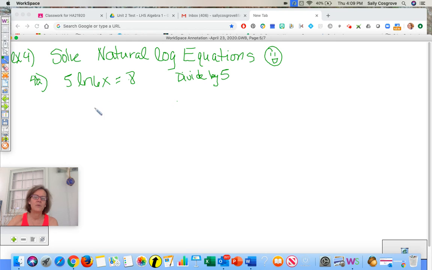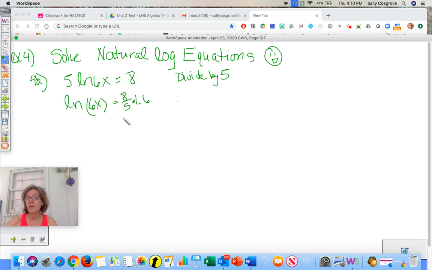And we'll divide both sides by 5, and then we'll have the natural log of 6x equals 8/5, which is the same as 1 3/5 or 1.6. All right, so now we have isolated the log, and the variable is in the argument.